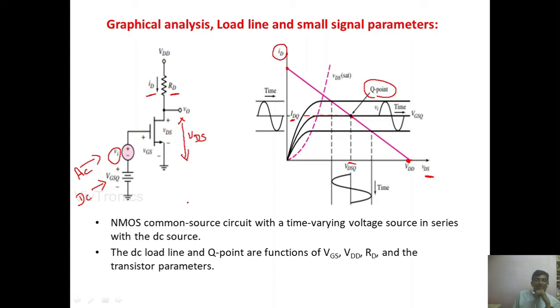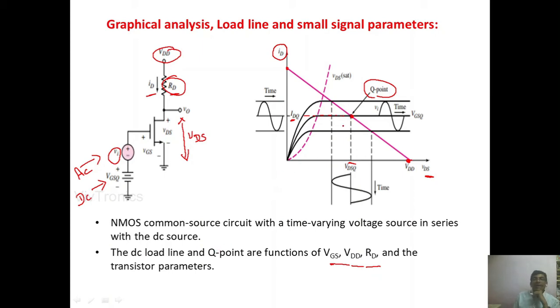On the DC load line, the Q point is a function of VGS, the gate to source voltage, VDD, the drain supply voltage, as well as the drain resistance RD. Based on these, the transistor Q point will be operated.